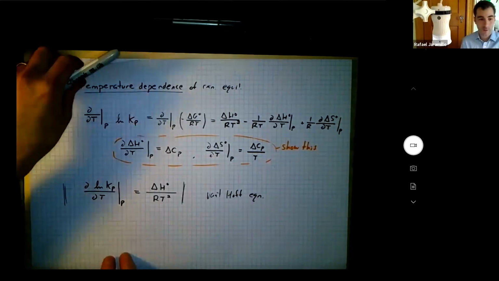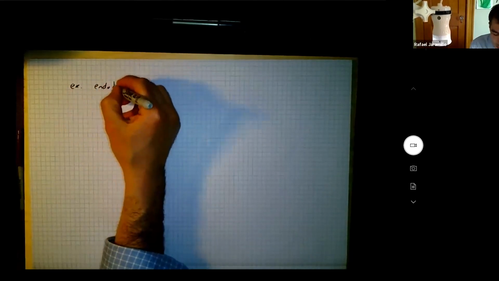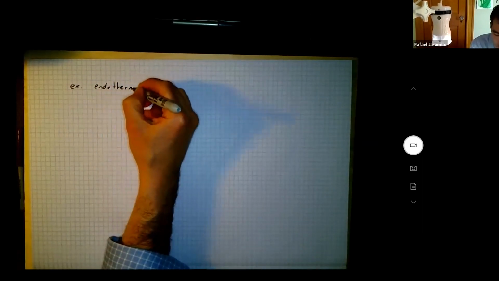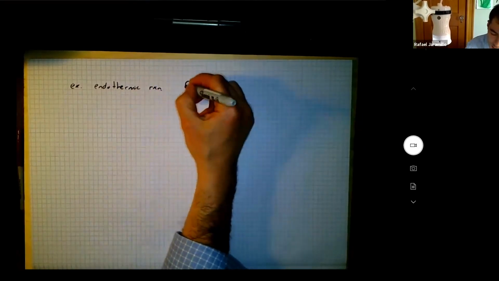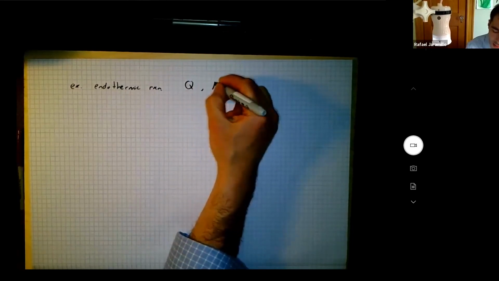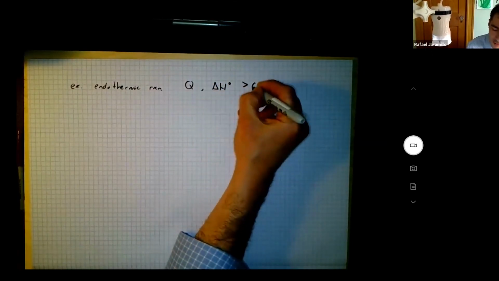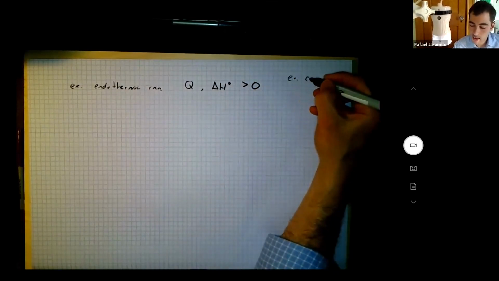Let's see how this works out. Let's see how the math works. So for example, let's consider an endothermic reaction. Endothermic reaction, Q and delta H naught are greater than 0, right? That's an endothermic reaction. For example, that's the cold pack, right?